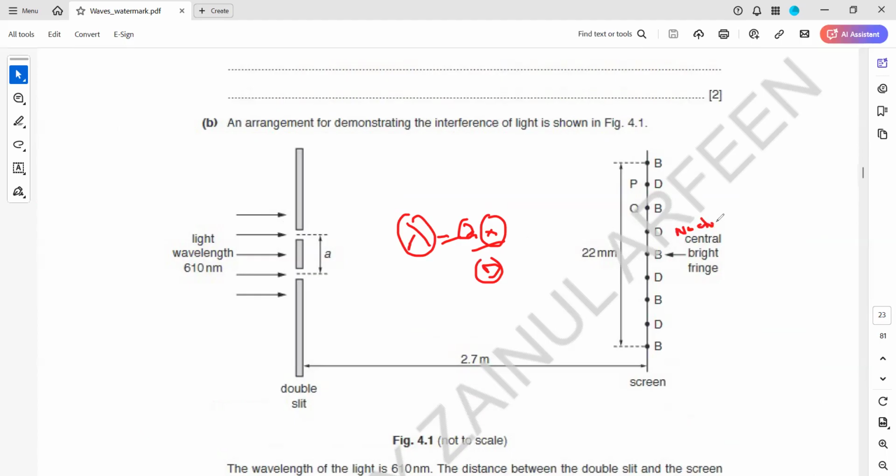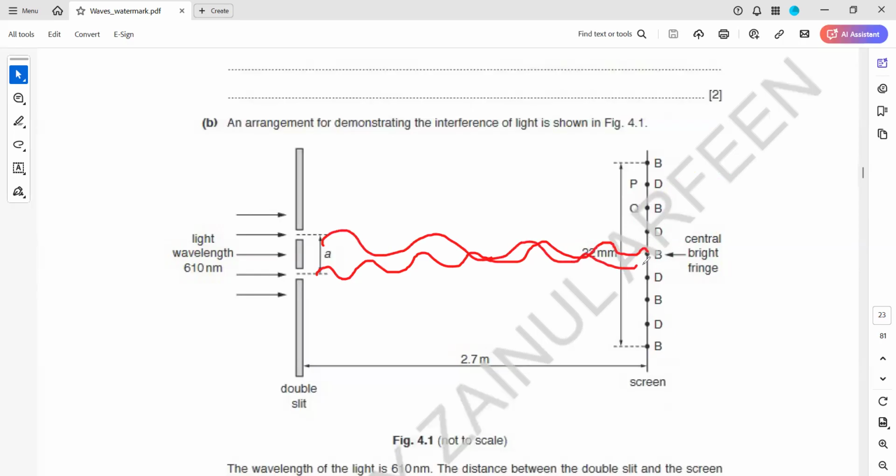For a dark, there will be no change in intensity. Dark remains dark. But what happened to a bright? The bright will appear much brighter. And the spacing won't change. Because in the interference pattern, waves have a constructive interference, they enhance the effect of each other.